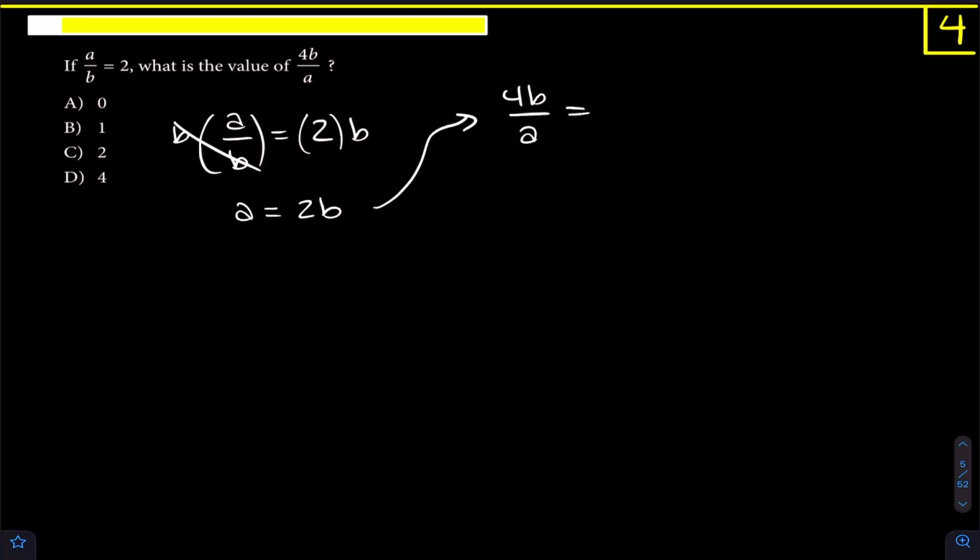It's just like the substitution method when we solve a system of linear equations. So 4b over a is now 4b over 2b. And from here, the b's cancel. You're left with 4 divided by 2, which is 2. And that is choice C. All right, so that's the answer there.